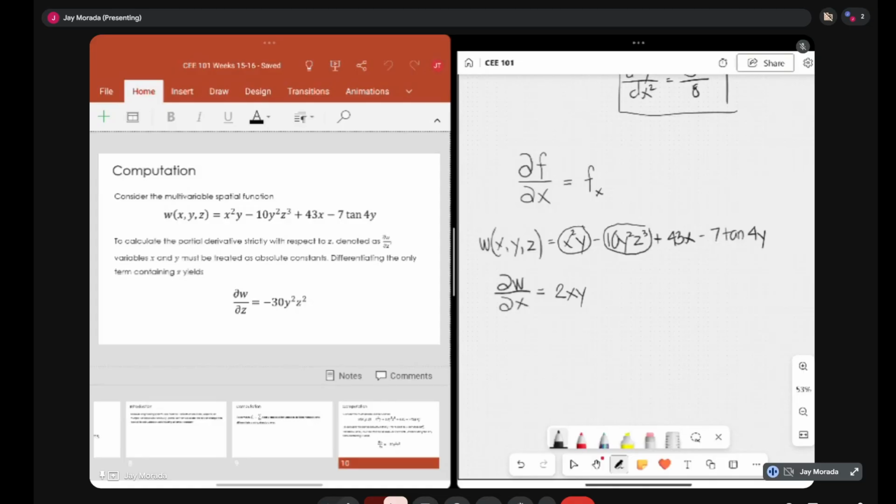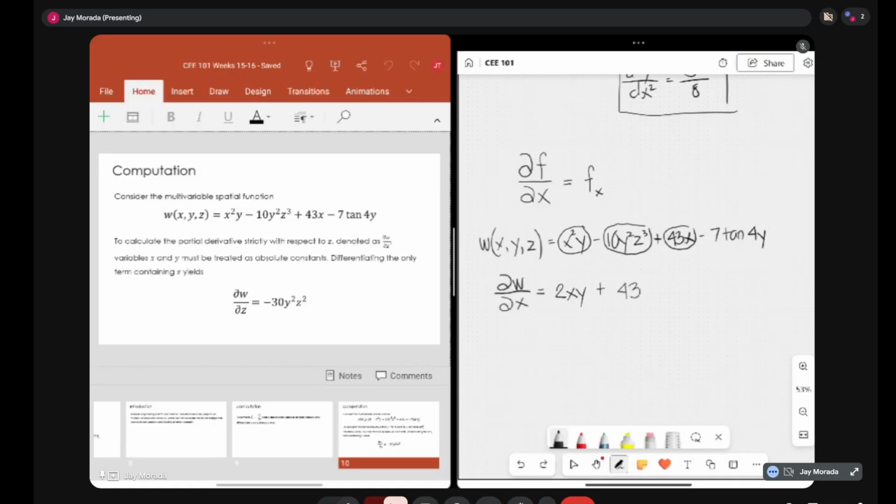Therefore, it is purely treated as a constant, and the derivative of a constant is 0. For the next term, that 43x, so that is 43. Then for the last term, since there's no x there, that is purely treated as a constant. Therefore, our partial w partial x is equal to 2xy plus 43.